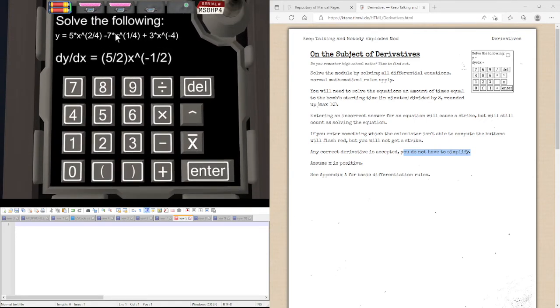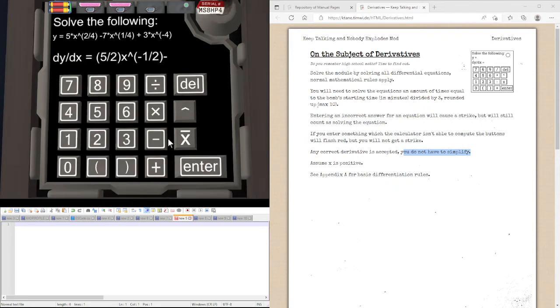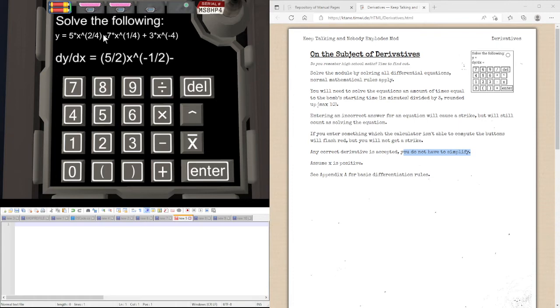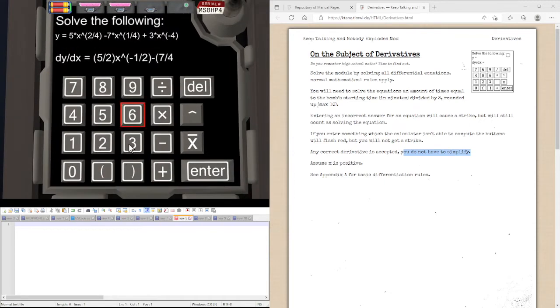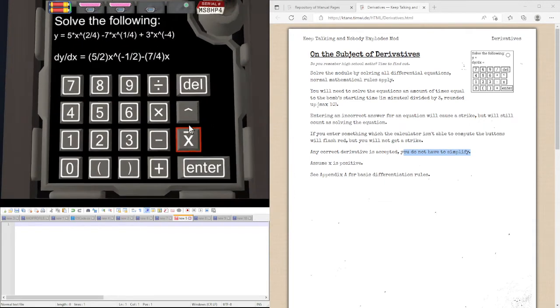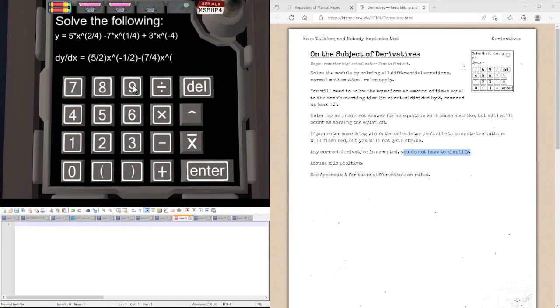Next we have 7 times a quarter. That'll be minus 7 times a quarter even, which will be negative 7 over 4. X to the power 1 over 4 minus 1 is negative 3 over 4.